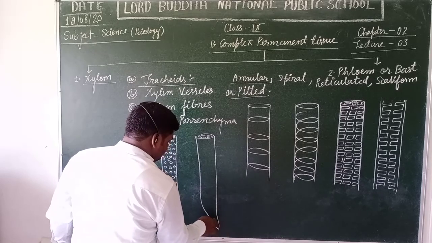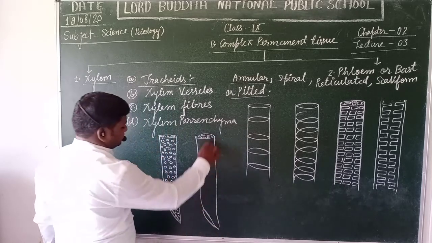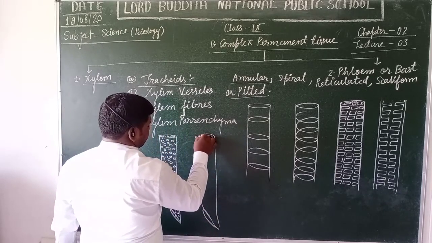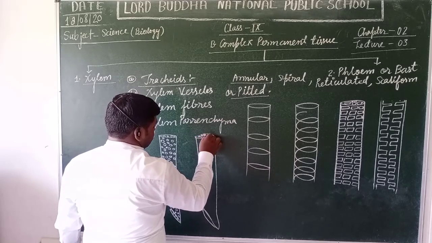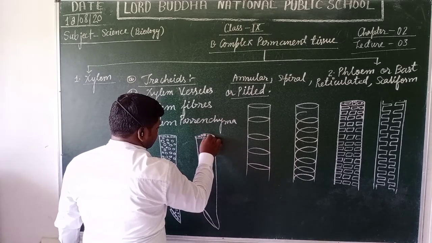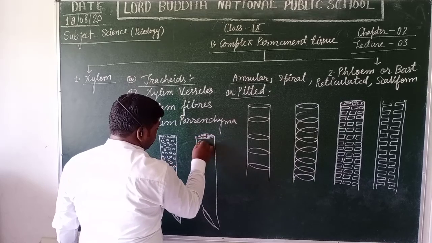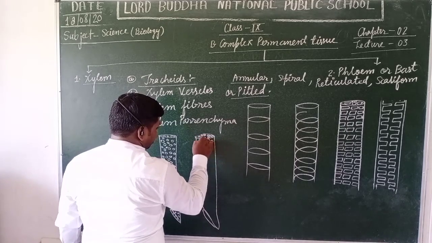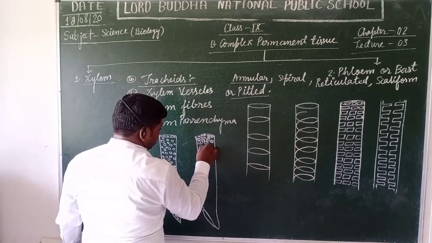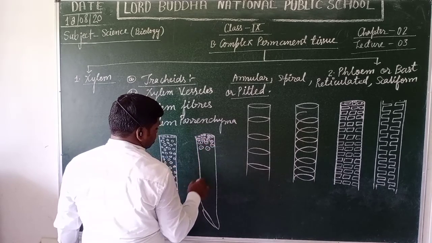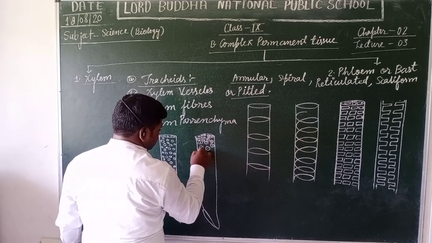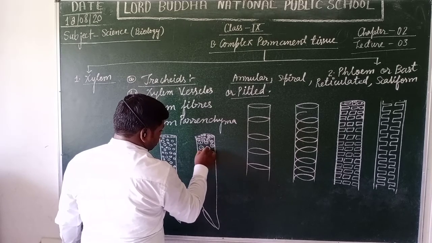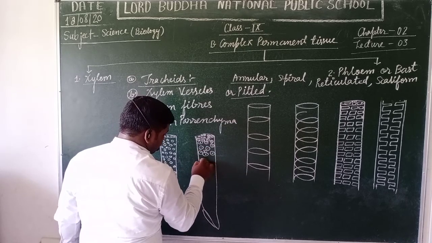Graptolius is a type of fern that has the bordered type of pits because its leaves are annular and rachis-like, arranged on a rachis-like structure. These are the structure of bordered pit.